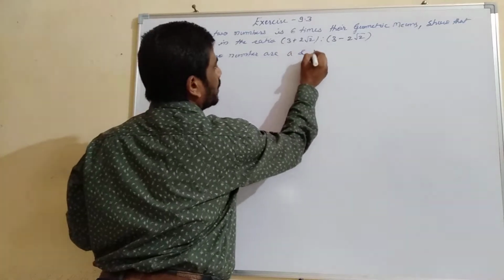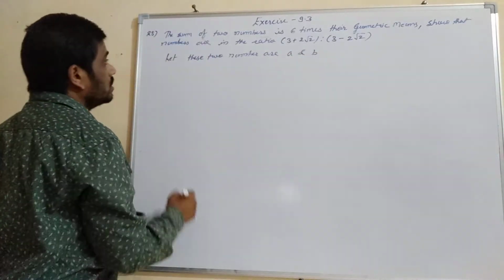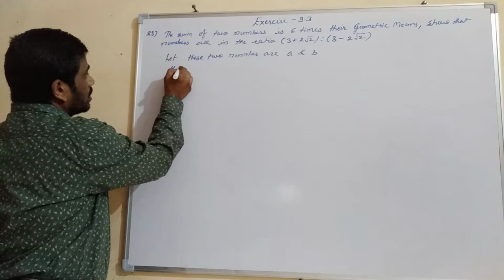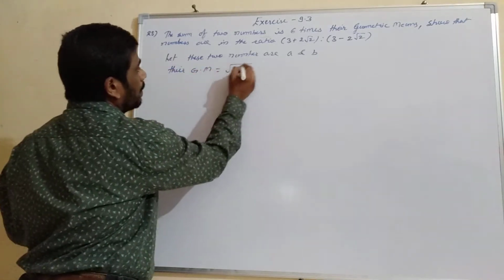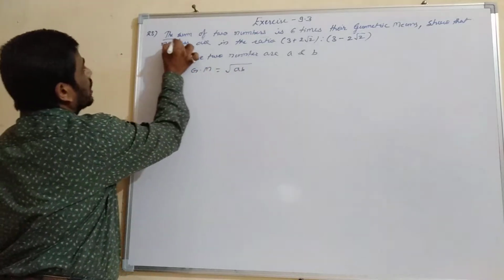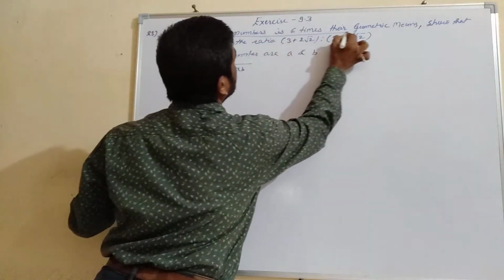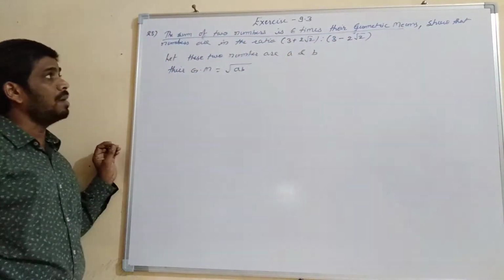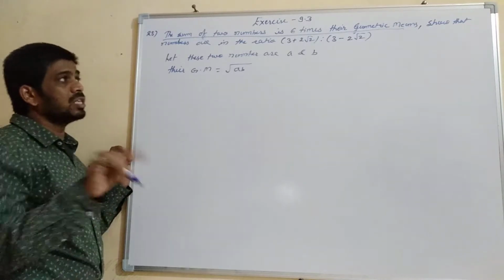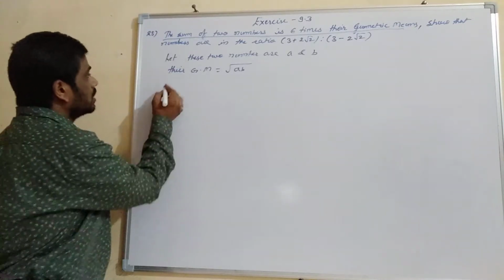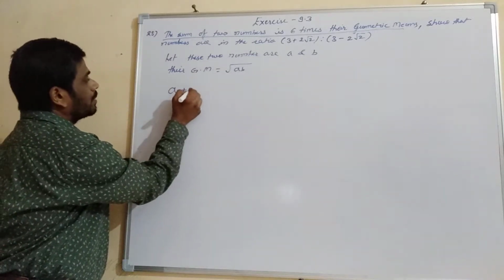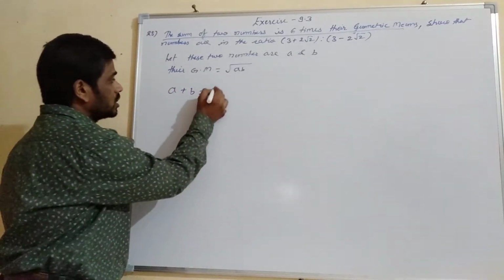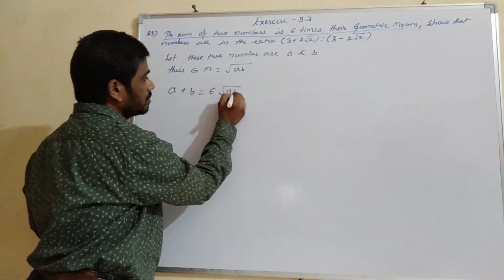Let these two numbers be a and b. So their geometric mean will be root of ab. Now according to the condition, the sum of two numbers is 6 times their geometric mean, so a plus b will be equal to 6 times root of ab.